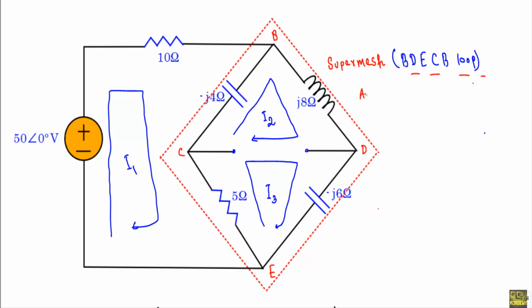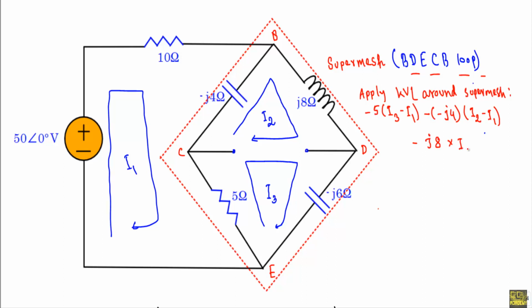If I apply Kirchhoff's voltage law around the supermesh, I will get minus 5 (I3 minus I1) minus J4 (I2 minus I1) minus J8 I2 minus J6 I3, and this will be equal to 0.